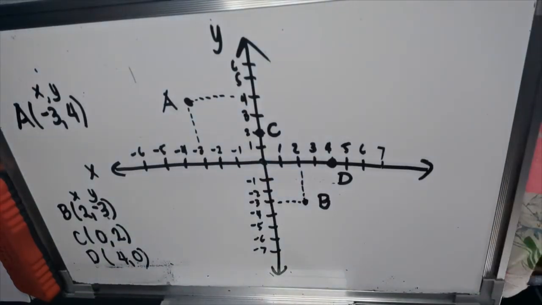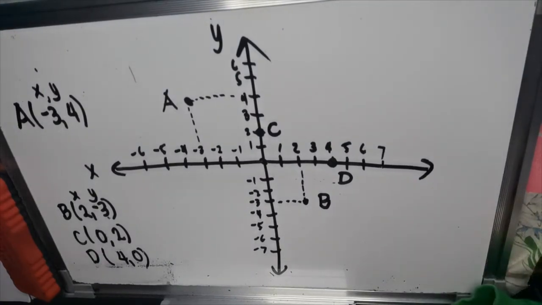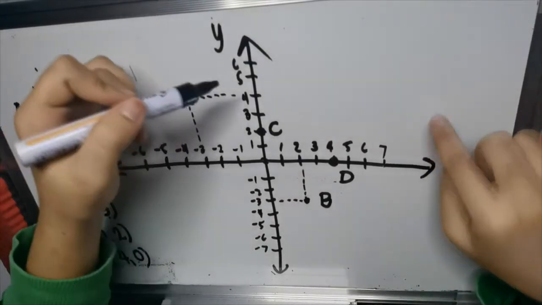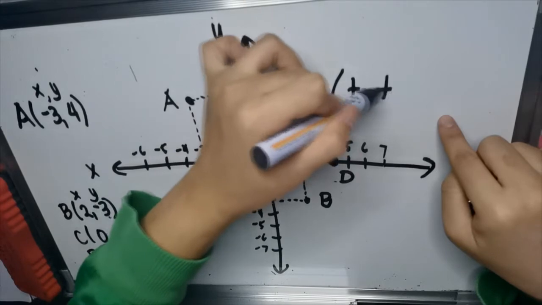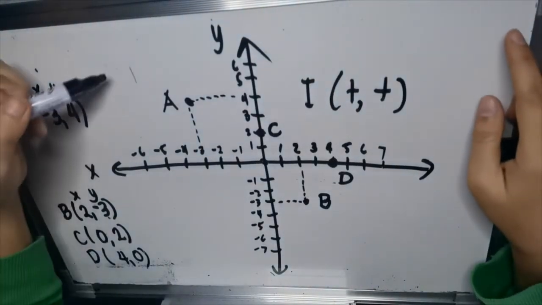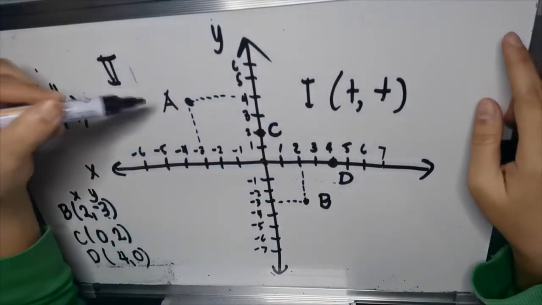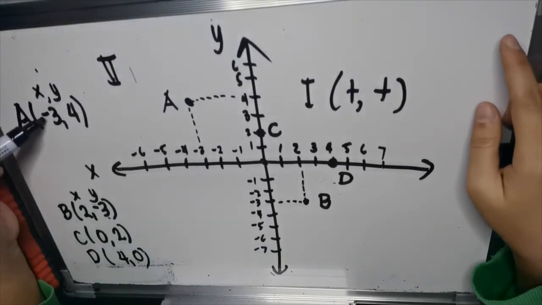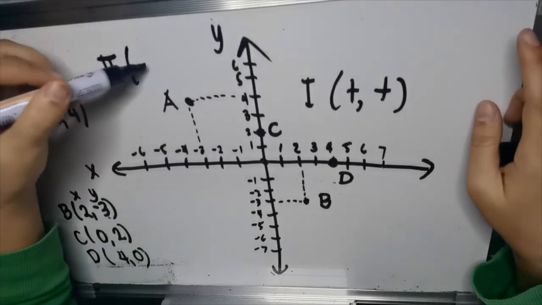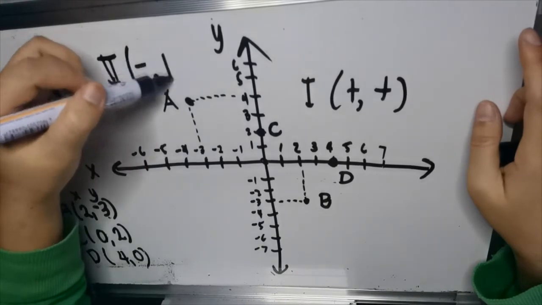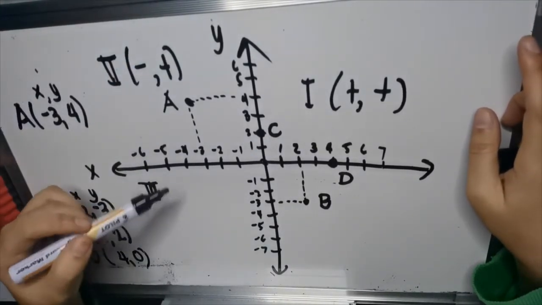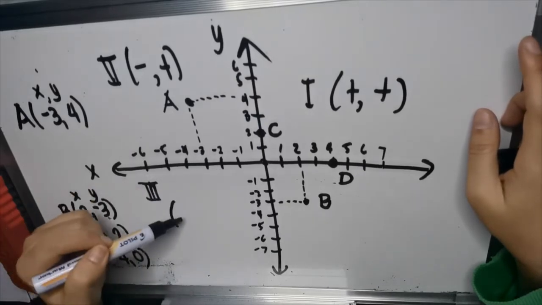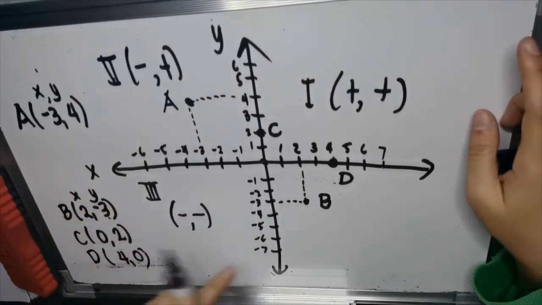Okay? So, that is how are we going to plot points. So, if you would observe, sa quadrant 1, positive ang x, positive ang y. Sa quadrant 2, which is makikita nyo si point A, anong sign niya? Negative yung x, positive yung y. Sa quadrant 3, negative yung x natin, negative yung y natin.